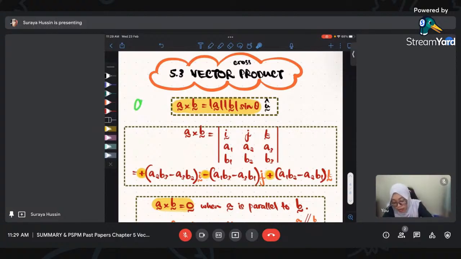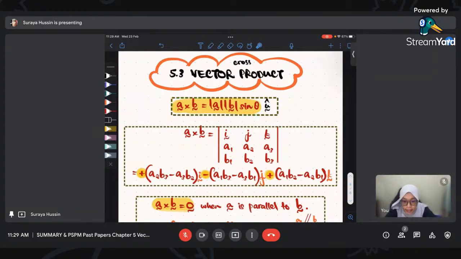So A cross B. So the formula untuk vector product adalah magnitude A times magnitude B times sin theta. Okay, yang ini abaikan. Dia it's just a unit vector. It's usually 1 untuk formula ni lah. Tapi yang penting kamu faham, kamu hafal yang ini.